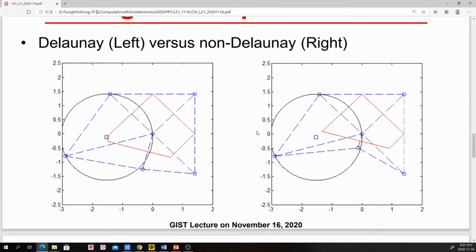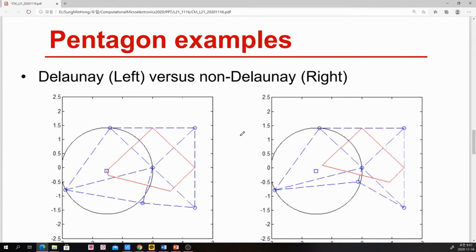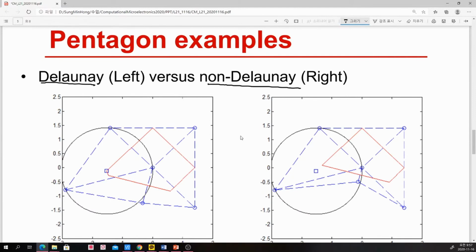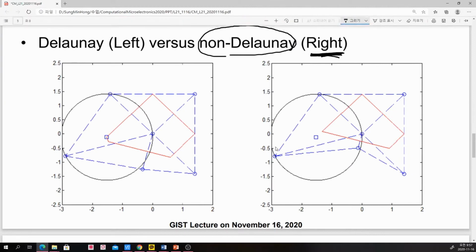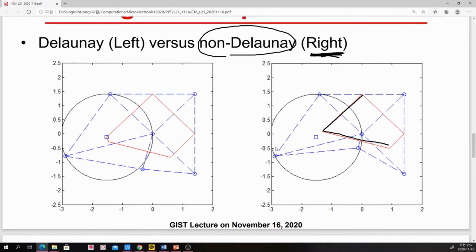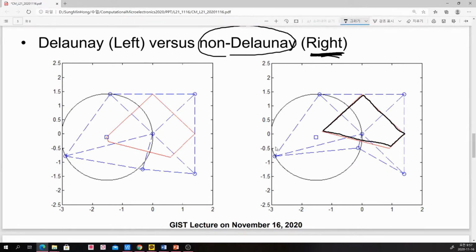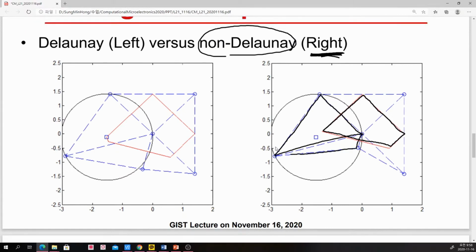So I mean, sometimes the concept of Delaunay mesh and non-Delaunay mesh sounds quite complicated, but the point is here: Delaunay mesh is, simply speaking, if you have a non-Delaunay mesh like in the right example, then your Voronoi volume and your division of your space into triangles do not correspond perfectly.